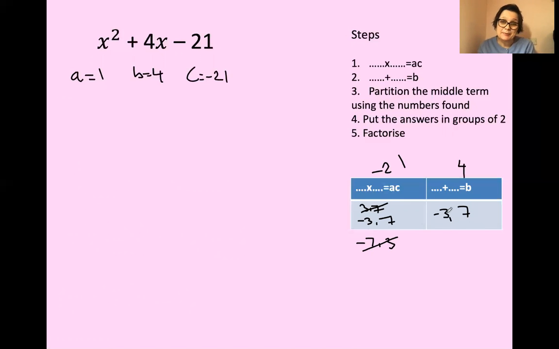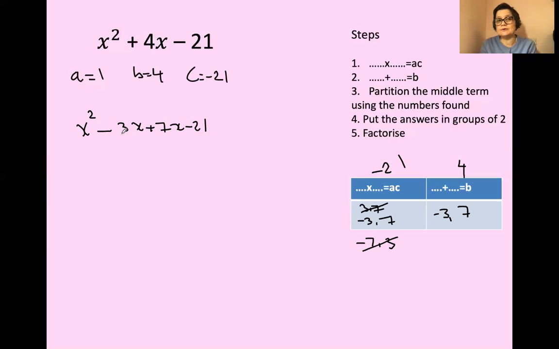That is the pair of factors that we need. So we are going to use these two factors to split the middle term. And this is what we have, x to the power of 2 minus 3x, plus 7x minus 21.